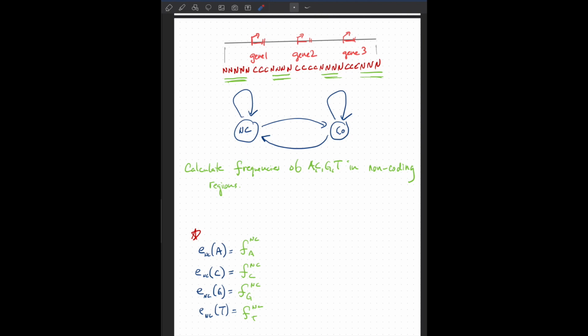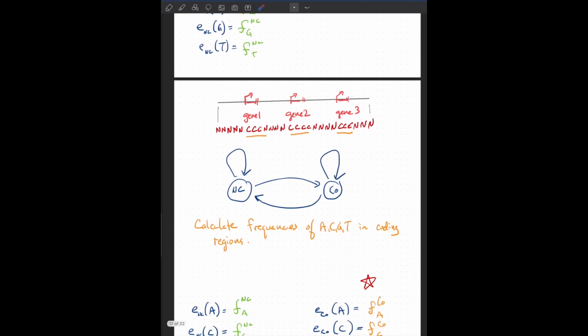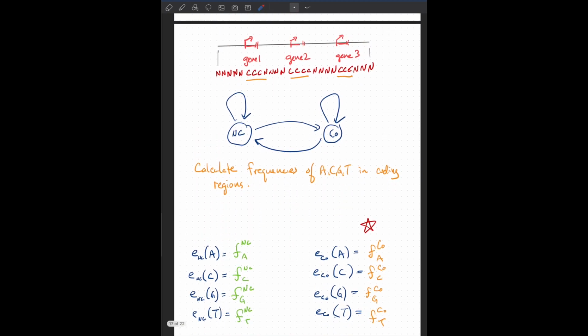And we would calculate simply the frequency in non-coding regions of A, likewise for C, G, and T. And then the second obvious issue is, what do you do about coding frequencies? That proceeds analogously. We would just calculate the frequency of A within all the known coding regions that we have. So that gives us a frequency for the non-coding and the coding.